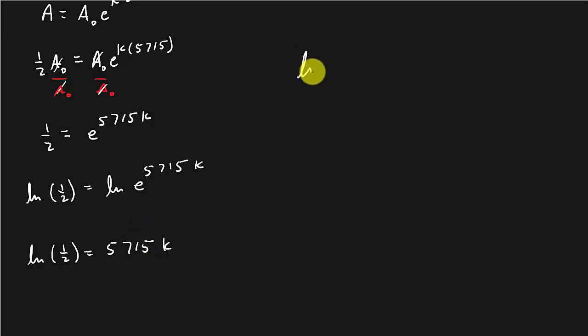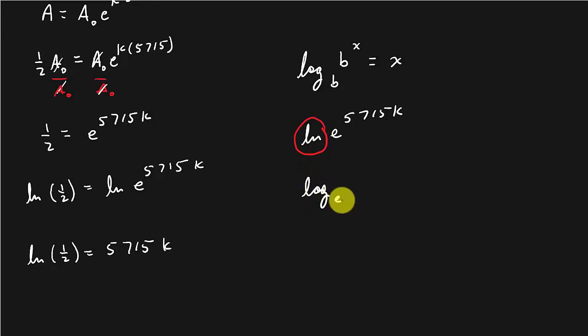Well, remember, there's a property that says the log of b to the x with base b is equal to x. If the base of the log and the base of the exponent are the same, your answer is just your exponent. And remember, natural log is the same thing as log base e.